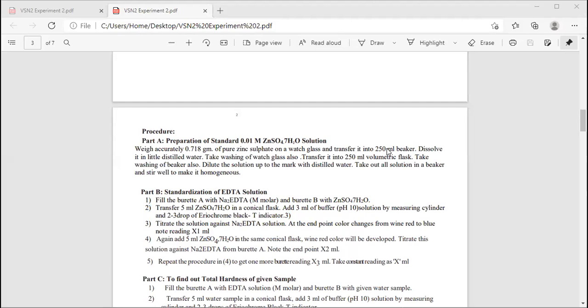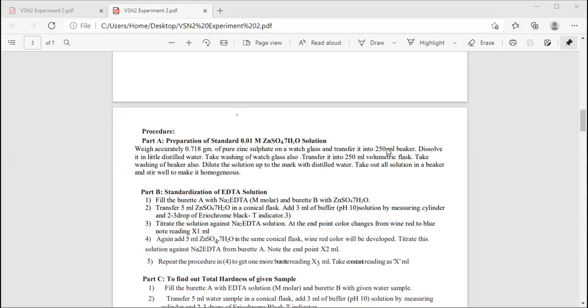Whatever the concentration when it was freshly prepared, the same concentration is not observed at the end of, say, Saturday for the last batch. That is why every time before using EDTA, you have to find out whether the concentration of EDTA is the required concentration or less, because the hardness depends on the concentration of EDTA.